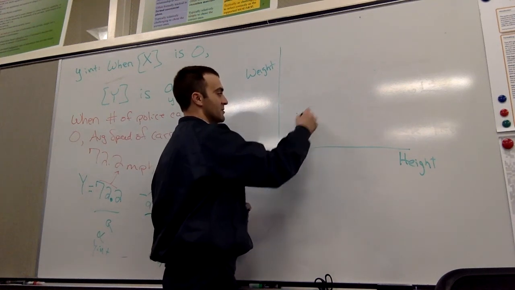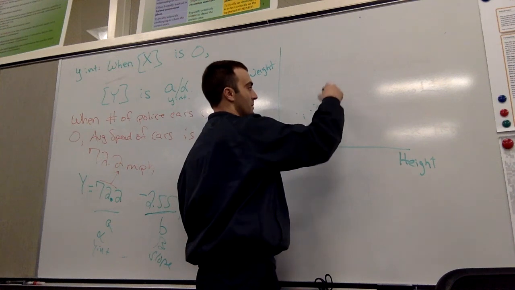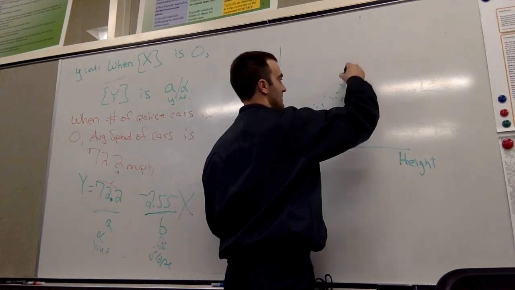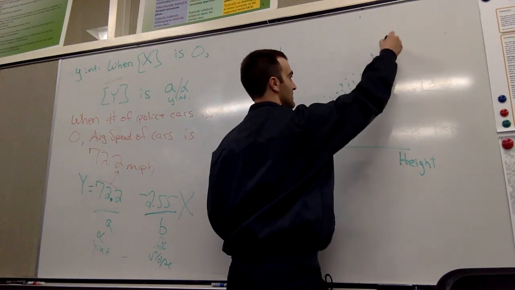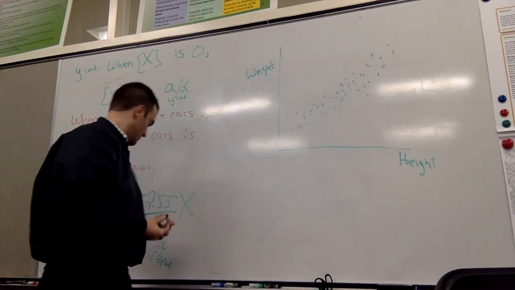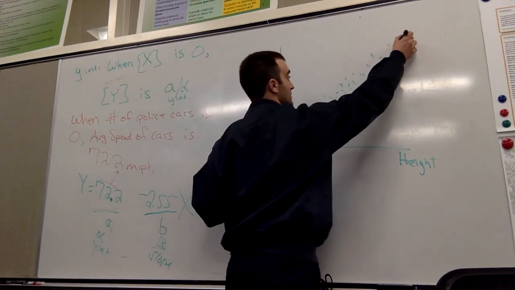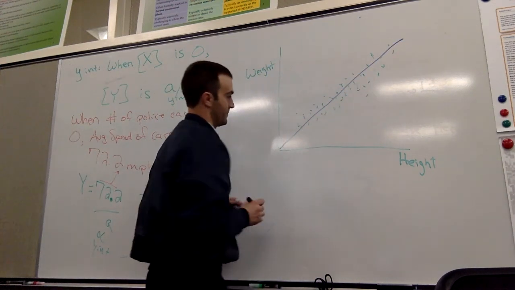You're going to have data sprayed out across society. These all represent points for weights based upon heights. It's probably something like that. The computer's going to put a best fitting line through this data. Something like that.